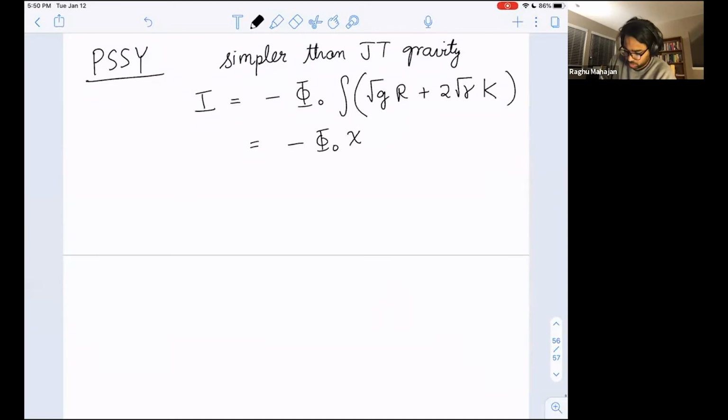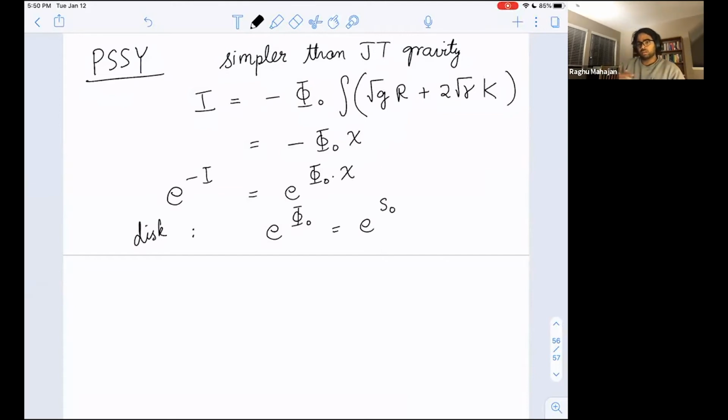So the weighting is e to the minus I, which is e to the phi naught times the Euler character of the surface. If you have a disk, which is what we typically have, then the disk has chi equals 1, and we have a weighting e to the phi naught. Just to conform to convention, I will rename this phi naught to be S naught. So we have a gravitational action in which the disk geometry comes weighted with e to the S naught.